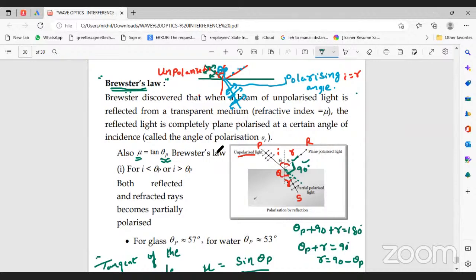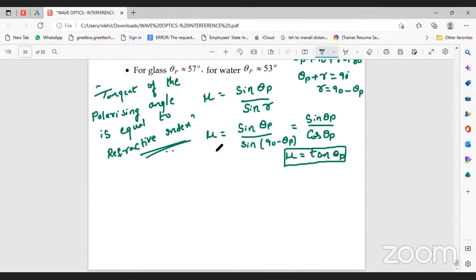But in the previous chapter, we gave the relation between the refractive index and the critical angle. How are the refractive index and the critical angle related? Refractive index is directly proportional to polarizing angle, yes, sir. But refractive index is inversely proportional to critical angle.